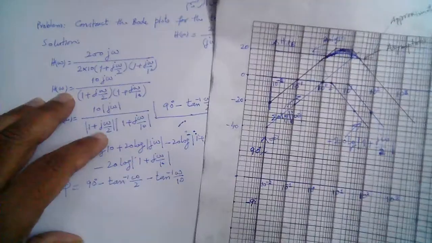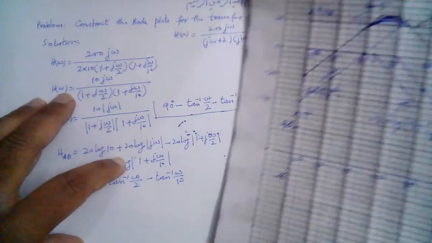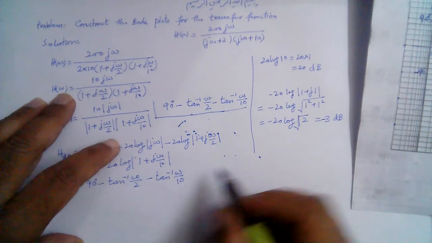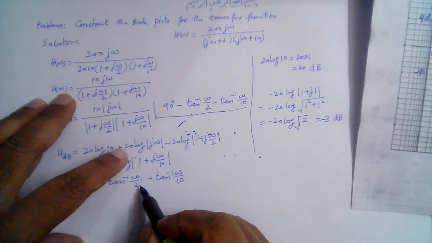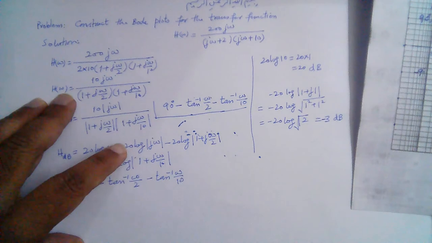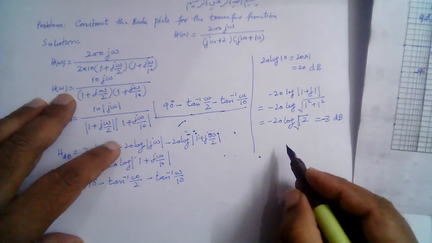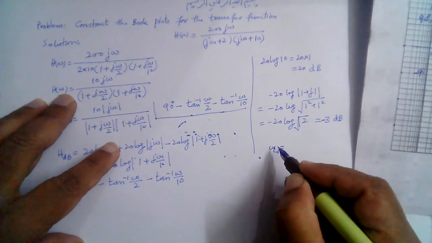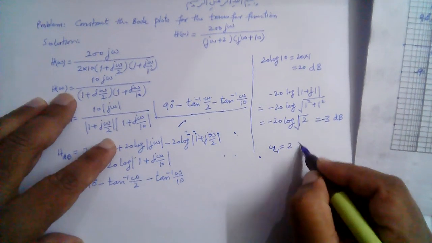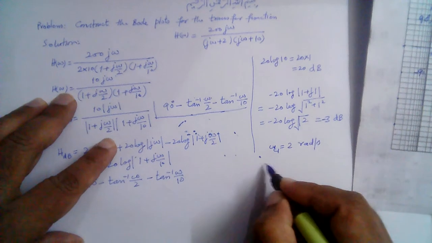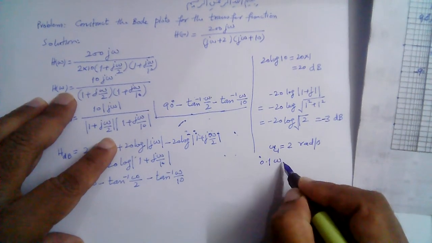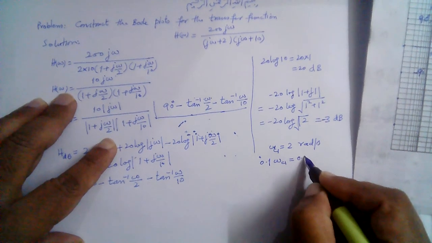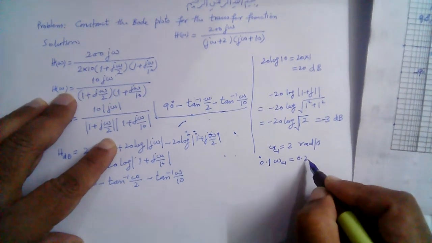And then we have omega is equal to 2. So omega is equal to 2 gives us, this is the pole, so minus 45 degrees per decade. Let's call this corner frequency 1, that is 2 radians per second. So at 0.1 omega C1, that is 0.1 multiplied by 2, 0.2 radians per second, it will be 0 till this point, right?